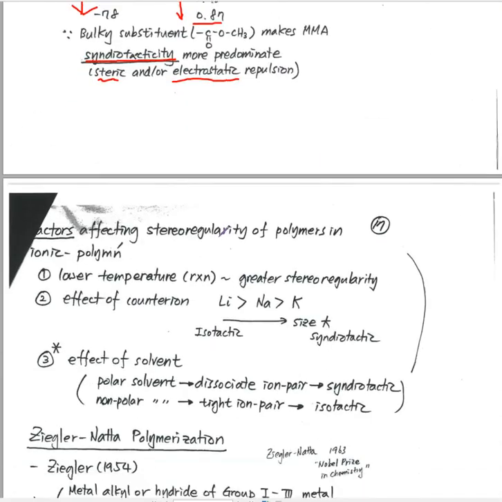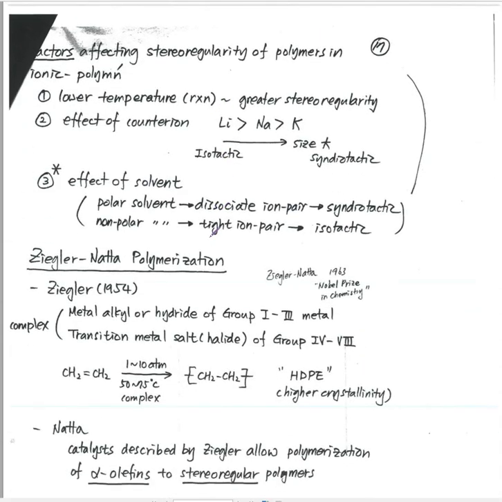How about ionic polymerization? These are the factors affecting stereoregularity of polymers in ionic polymerization. Similar to free radical polymerization, temperature is also a factor which affects the stereoregularity. At lower temperature, we get higher tacticity.